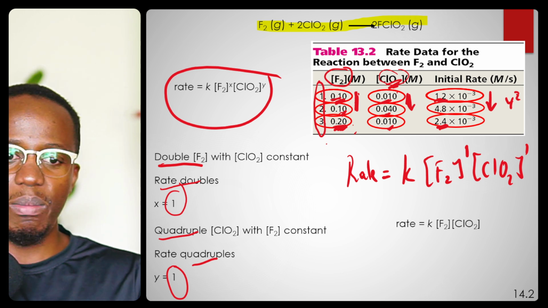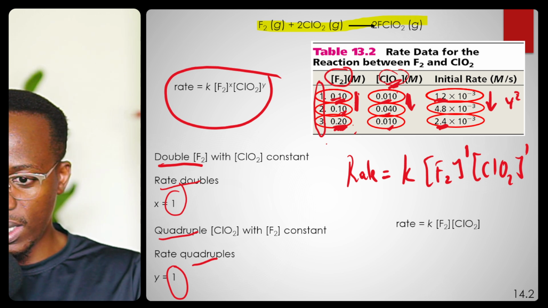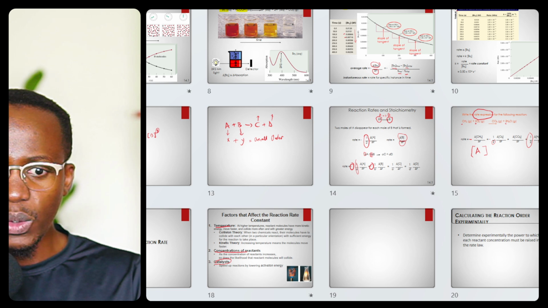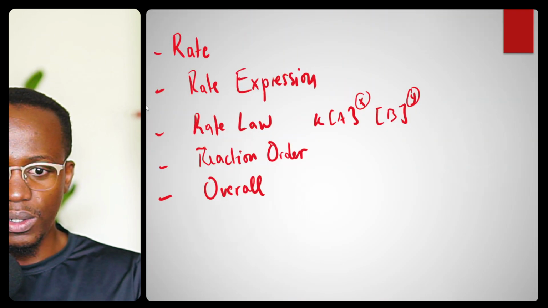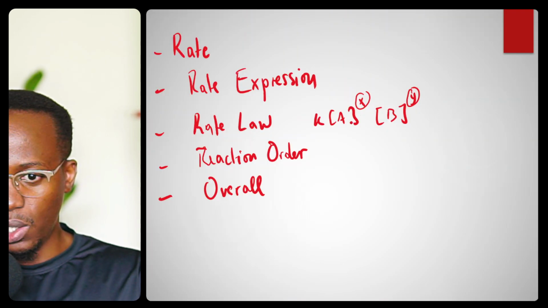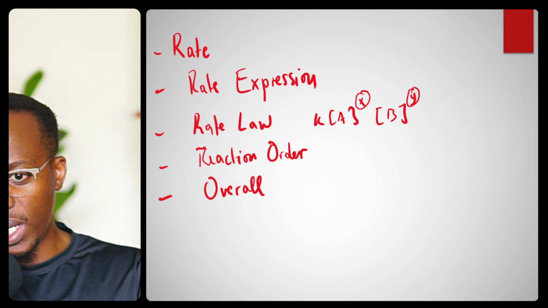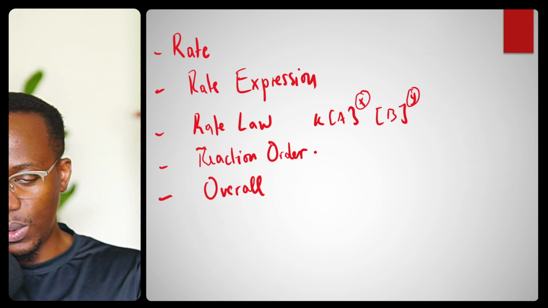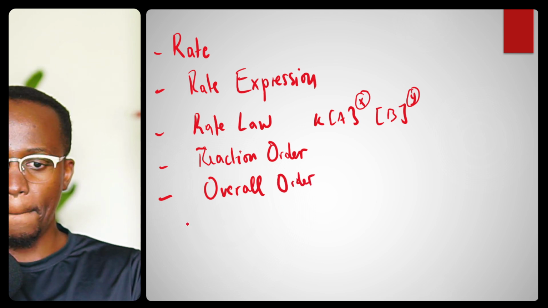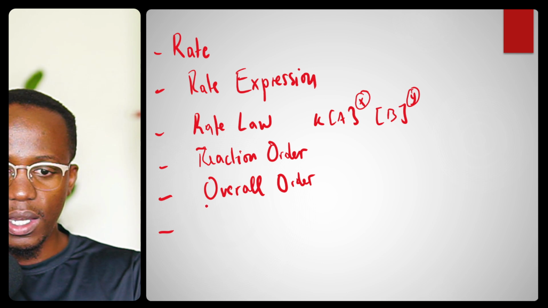If you remember the list of things that we need to know, we talked about how we need to know the rate law, and now you know how to find x and y. So overall order, right?